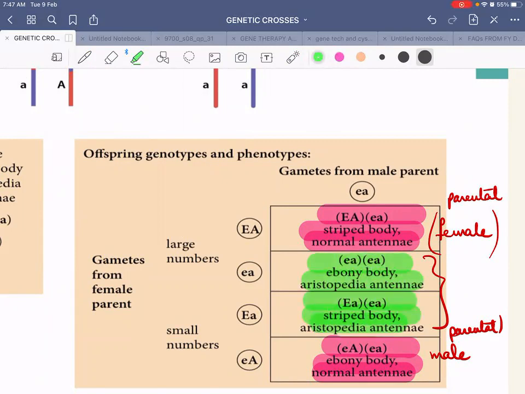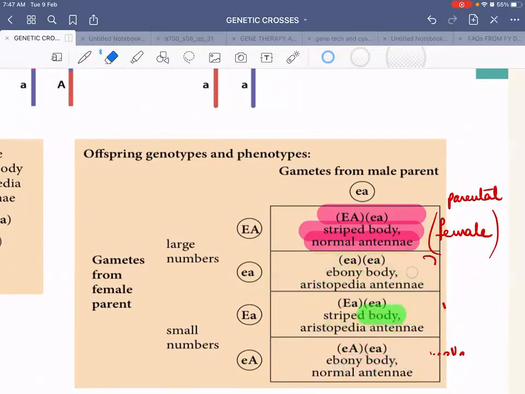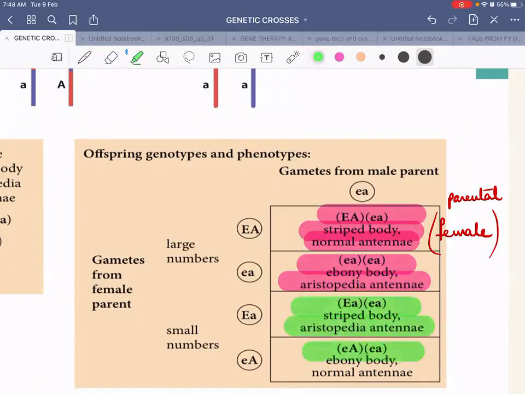बिल्कुल new varieties, right? Sorry, I put the wrong color. This is the parental one. These are the parental ones, okay? And these ones are the recombinants. And you can see that the genotype of the recombinant is very different.